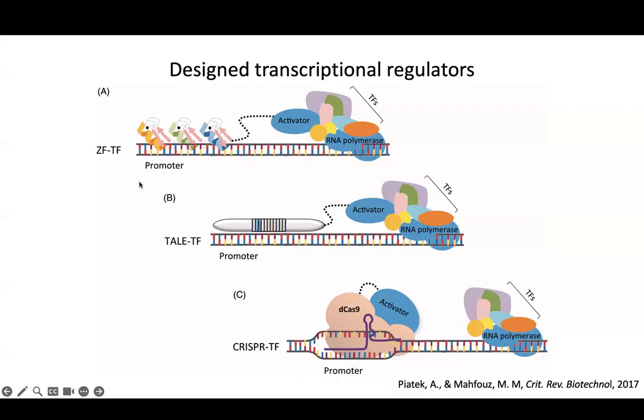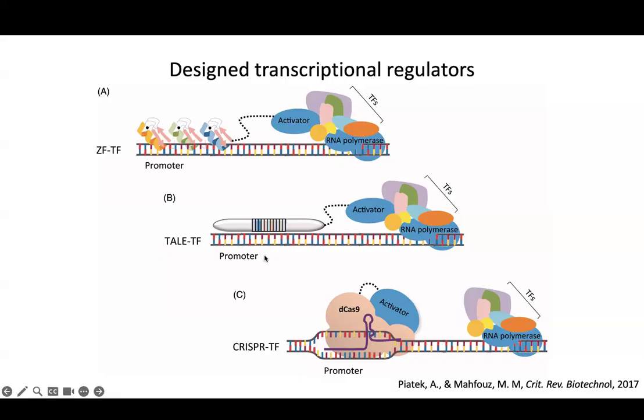Before CRISPR technology came out, zinc finger proteins and TAL proteins were widely used for engineering those synthetic transcriptional regulators. DNA binding domains are designed to target any user-defined sequence of a genome in the promoter region, and chimeric activators can recruit transcription factors in addition to the RNA polymerase to activate downstream gene expression.